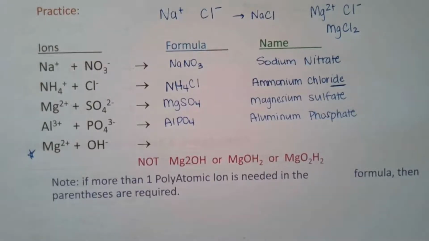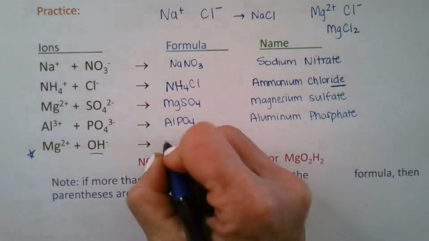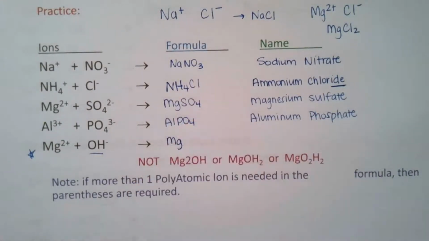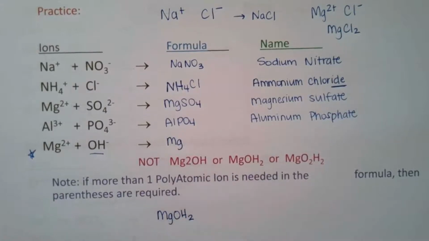Well, if instead of Cl we have OH minus, we just treat it the same way. So we want to do Mg and OH, but I can't write MgOH2. If I write that, the 2 only applies to the hydrogen and not to the whole thing.